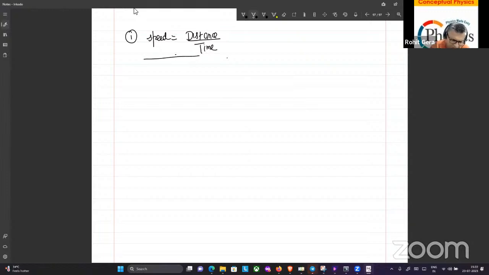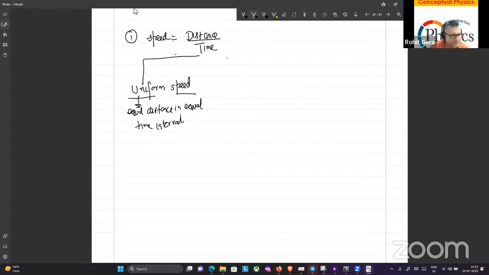For example, you have a uniform speed, which means you will cover equal distance in equal time intervals. The words uniform speed tell their story.